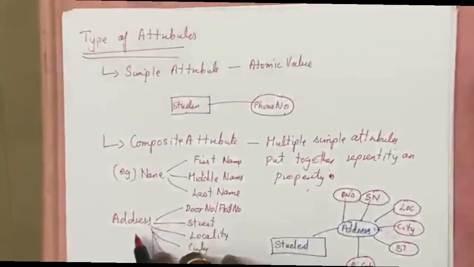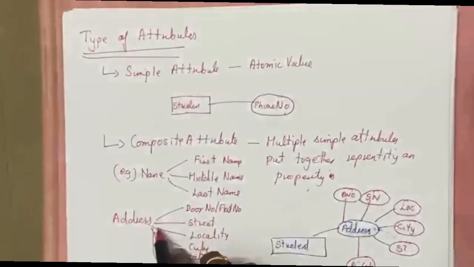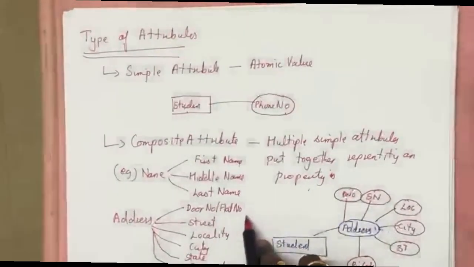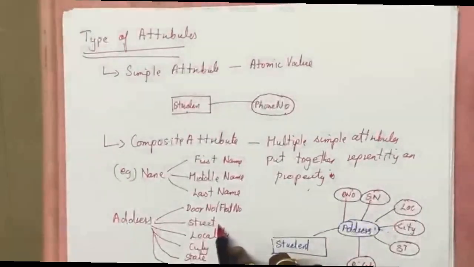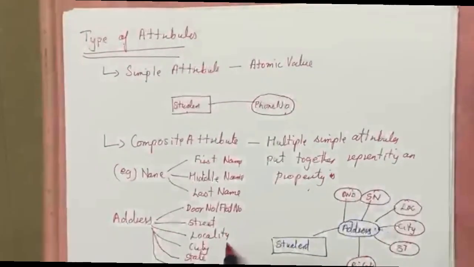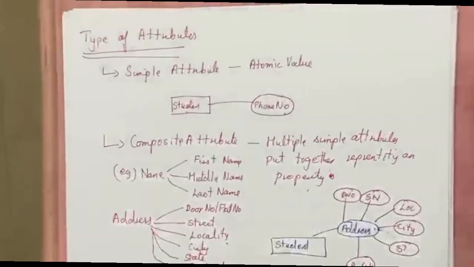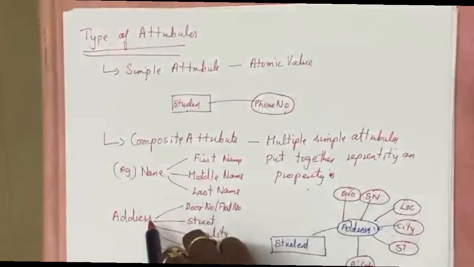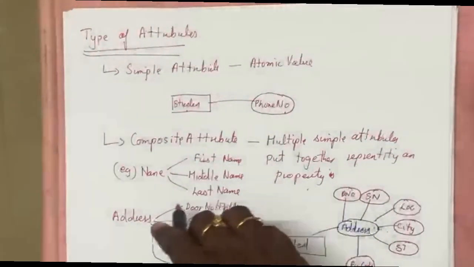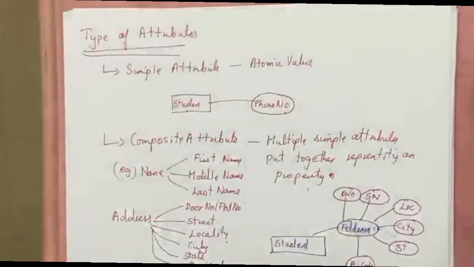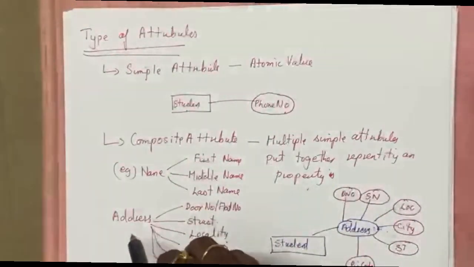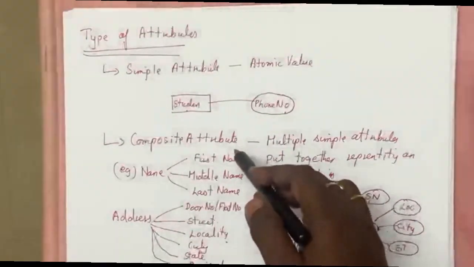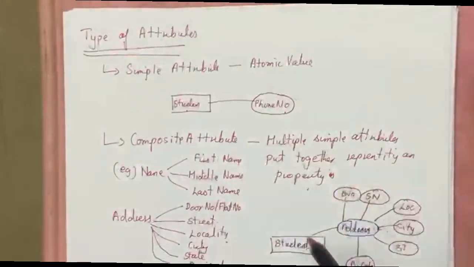Similarly, an address can have a door number or flat number, the street, the locality, the city, state and pin code. All these put together form an address. Address is a composition of all these attributes, and name is a composition of its attributes.